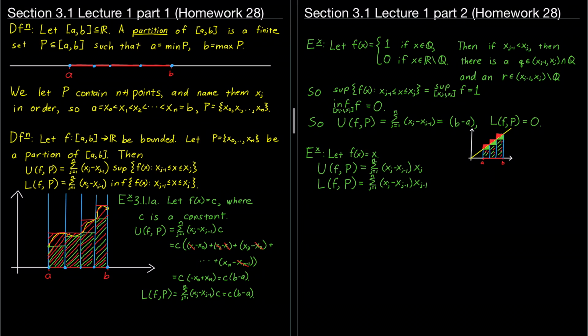For example, if we used a partition that was twice as good here, then we'd have a little bit less error, or we'd suddenly not be overcounting these little rectangles.